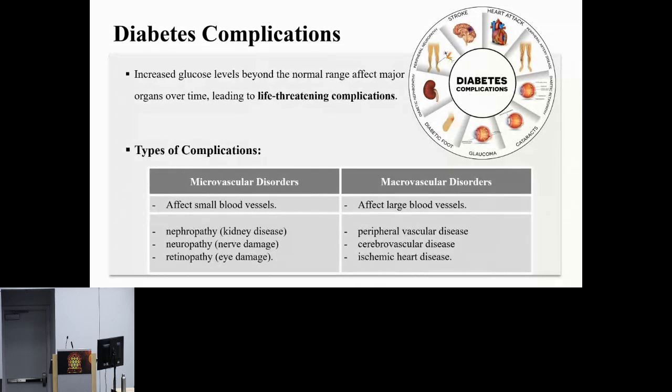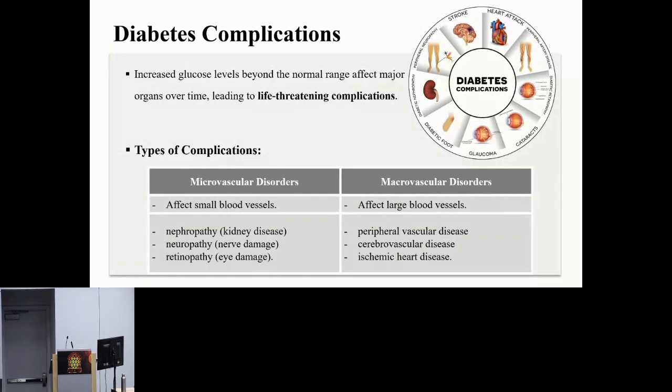The most prevalent types of complications in diabetes are classified into microvascular and macrovascular disorders. Microvascular disorders impact small blood vessels and include conditions such as nephropathy, neuropathy, and retinopathy.